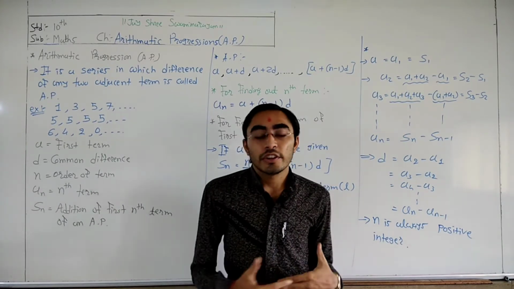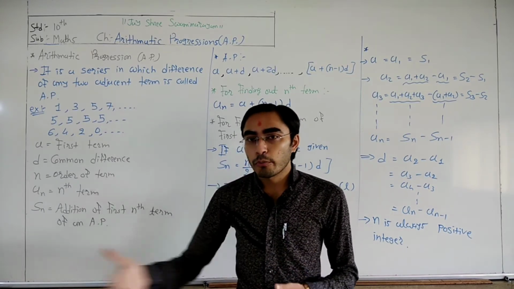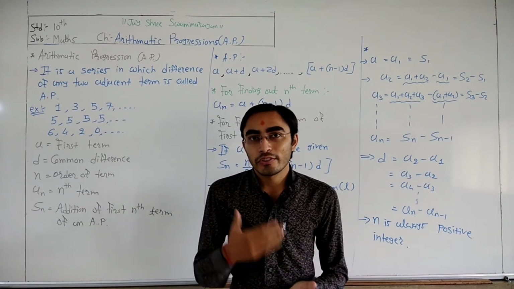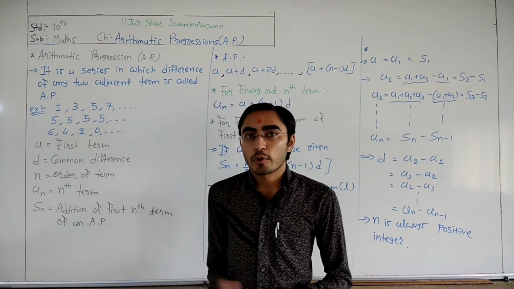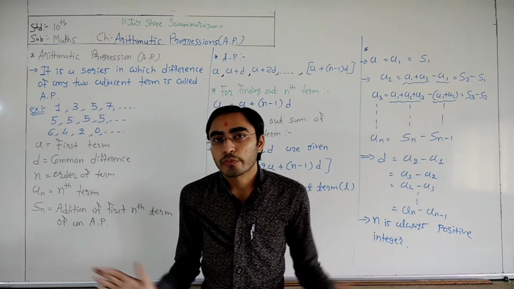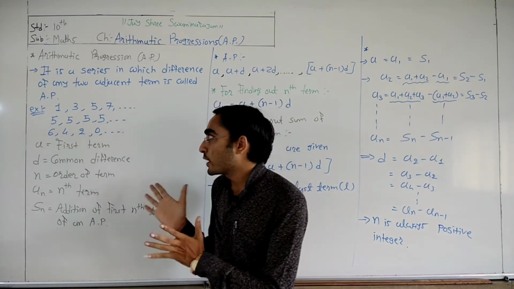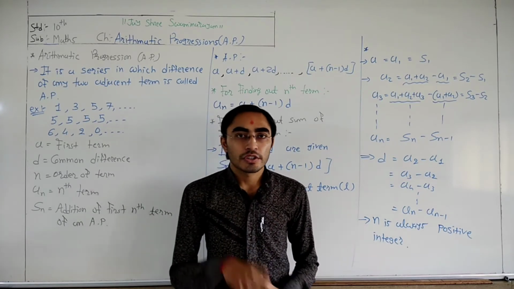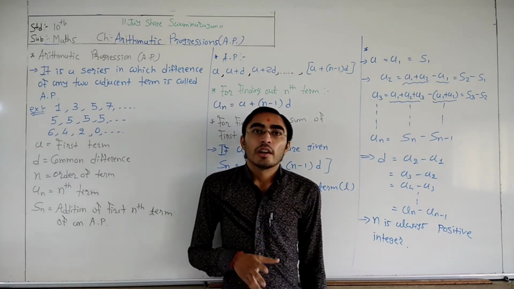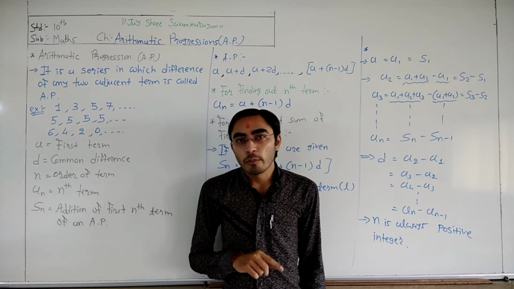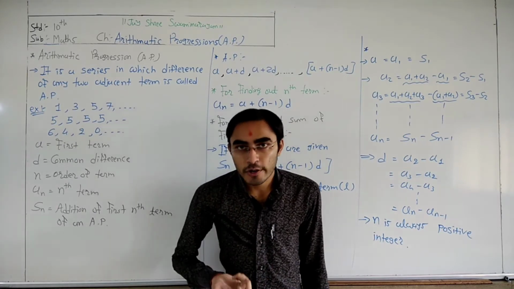It is called a series. AP is one type of series, and we have lots of series: arithmetic progression, geometric progression, Taylor series. Many series are there, but right now we learn about arithmetic progression, AP. In standard 11 commerce, you will learn about geometric progression.